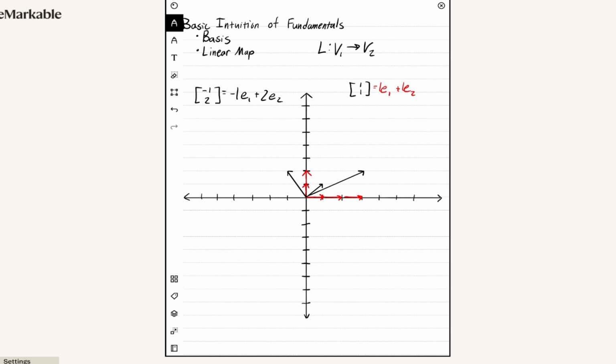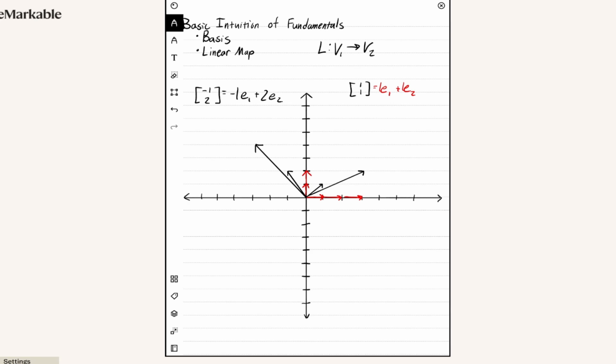So if we applied this same linear map to this vector, again, the linear map just stretches it however we defined it, and we defined it to multiply its left movement times 3 and its up movement times 2. So this one, it would move to the left 3, so it moves currently 1, so it would move 3 total to the left. And then its up movement would be times 2. So it would move to here.